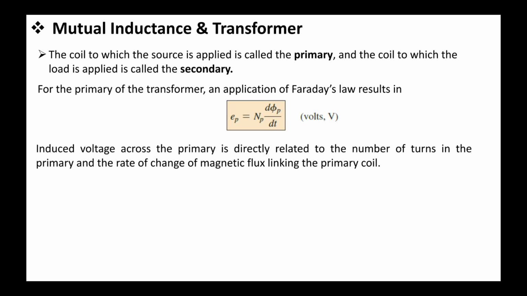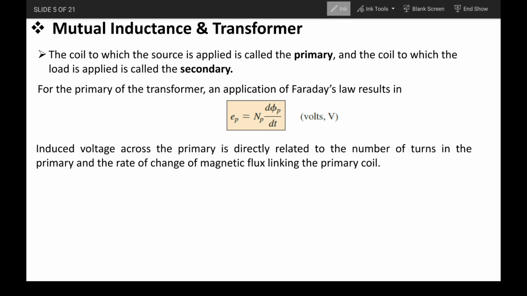Now for the primary of the transformer, according to Faraday's law of electromagnetic induction, we just derived the equation. Previously we wrote E equal to N d phi by dt. Now we are talking particularly about the primary, so E suffix P equal to N suffix P times d phi P by dt, where phi P is the flux in our primary.